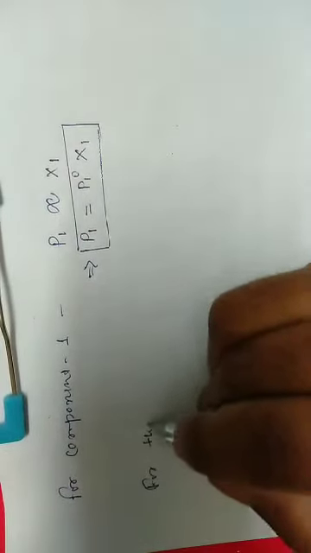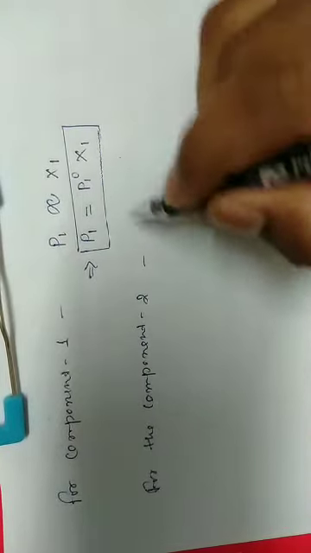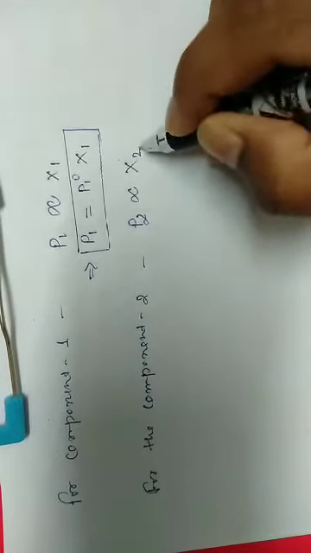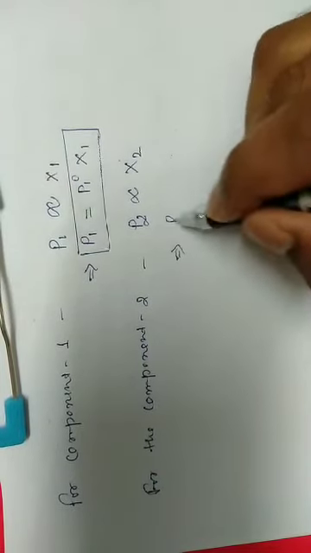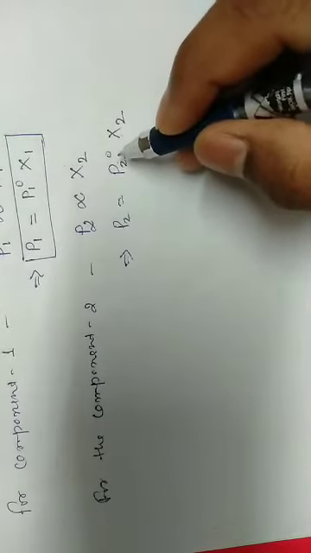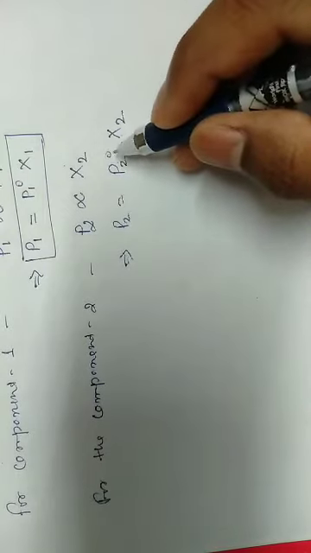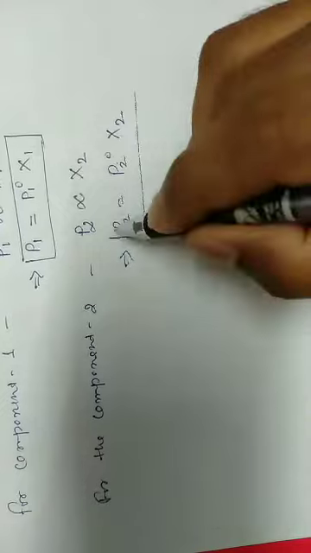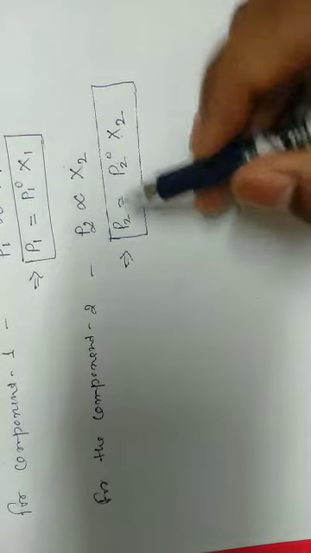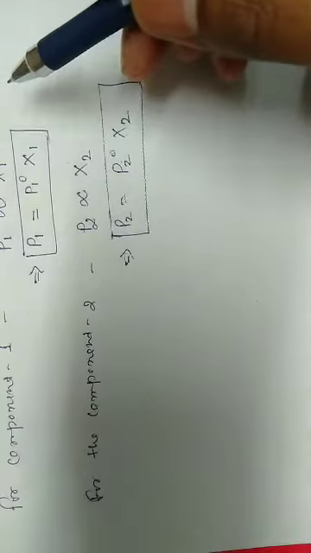Similarly, for component 2, the vapor pressure due to component 2 is P2 directly proportional to X2, then P2 equals P2 naught X2. What is P2 naught? P2 naught is the vapor pressure of the pure component 2. So this is the mathematical form of Raoult's law for component 2 in the above solution.